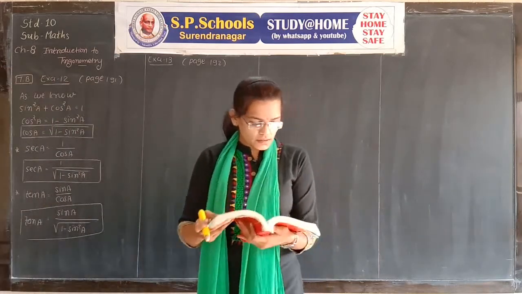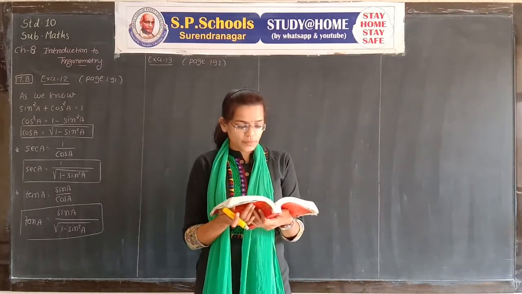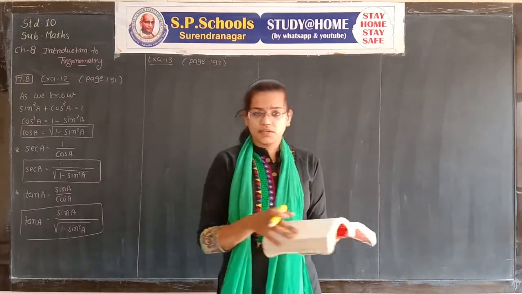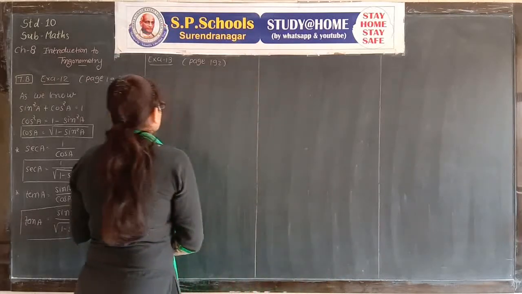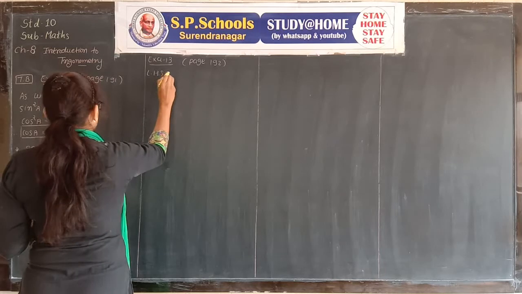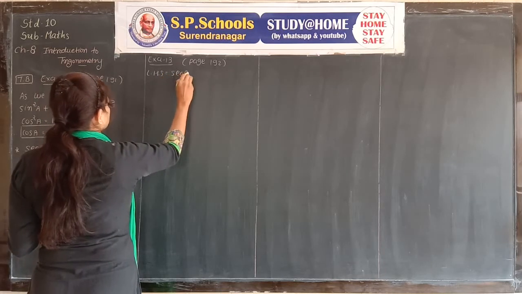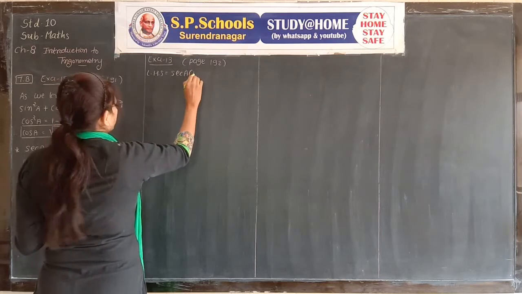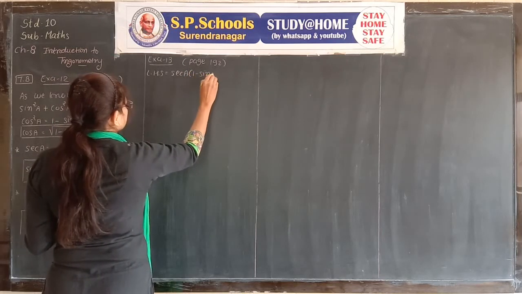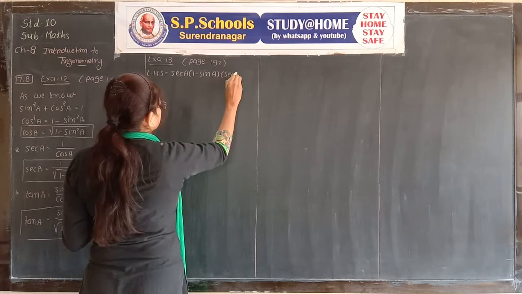Prove that sec A into bracket 1 minus sin A into bracket sec A plus tan A is equal to 1. First of all, we need to write the left hand side. LHS is equal to sec A into bracket 1 minus sin A into next bracket sec A plus tan A.